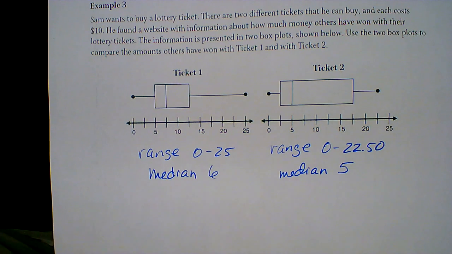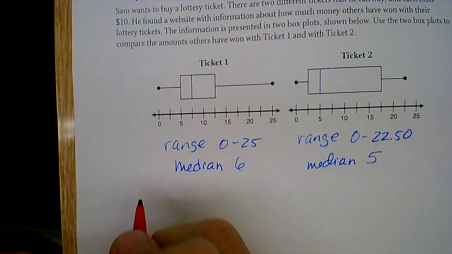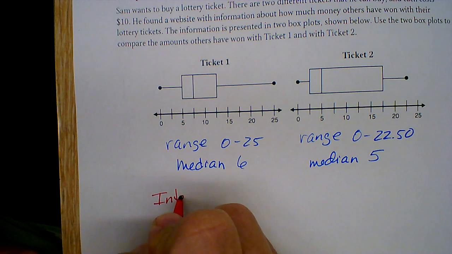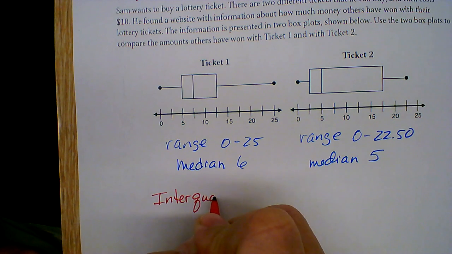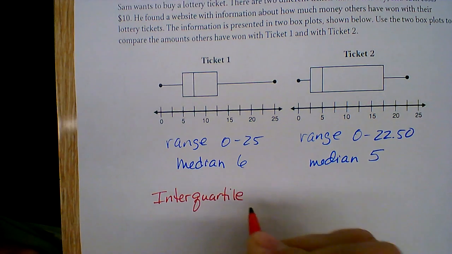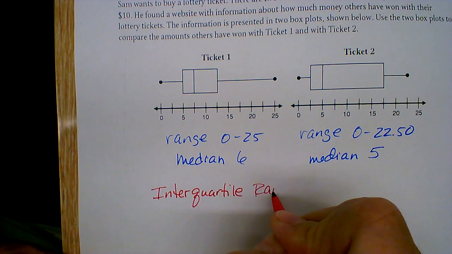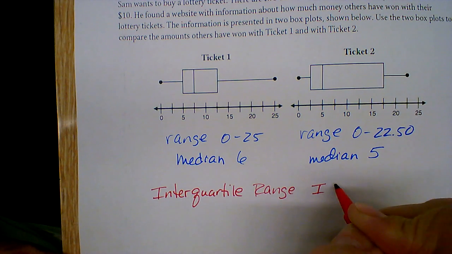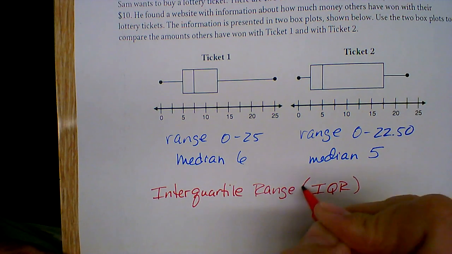Now, something we haven't spoken about yet is something called the interquartile range. Let's write that. The interquartile range, and we abbreviate that as IQR.